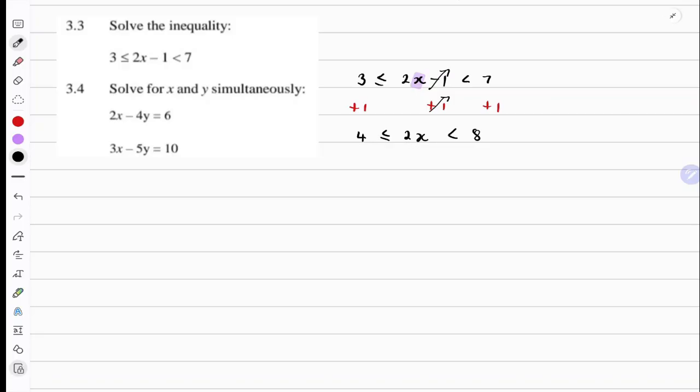The next thing to do is divide throughout by 2. Once we do that, 2 and 2 cancel. 2 goes into 4 twice and into 8 four times. So it means that x should be greater than 2 and less than 4.